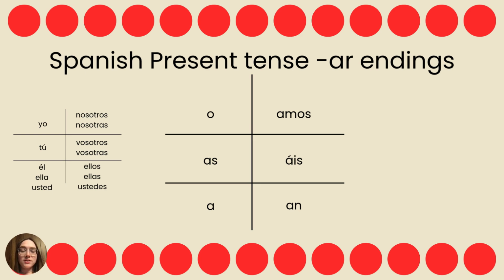So you're simply adding S, adding nothing here, adding mos, is, and N. So you're just adding a few things to the A or the O completely. Keep that in mind for the next video when we do ER and IR present tense endings. And I will leave you with that these are regular present tense endings.